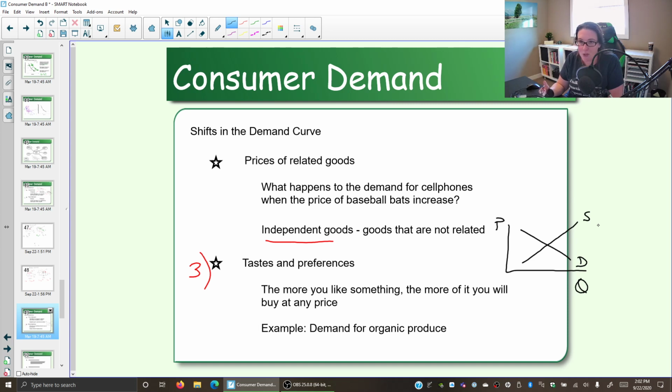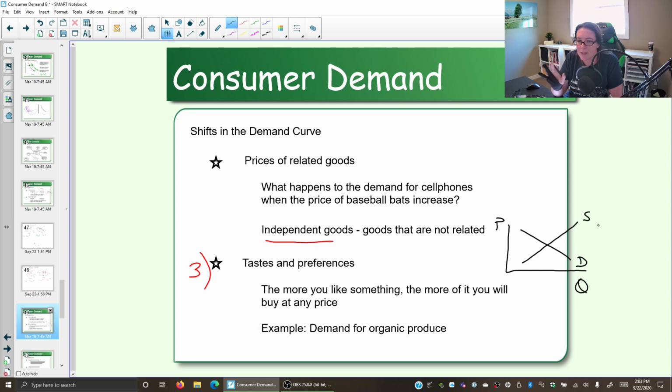Remember, when we first created the demand curve, it was based on your preference and indifference curves, marginal utility. But that was set. It wasn't changing. We represented it with a graph or with math, but it was fixed. Now what happens when those preferences, those tastes, change?